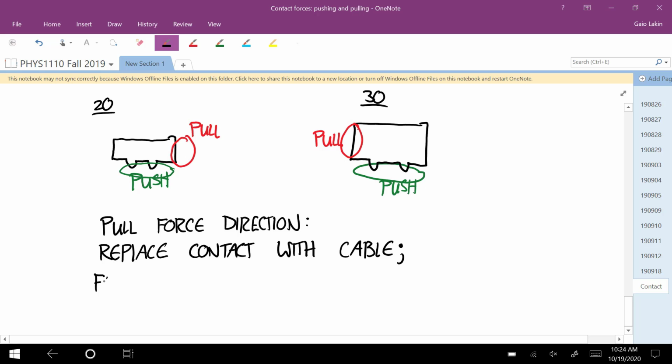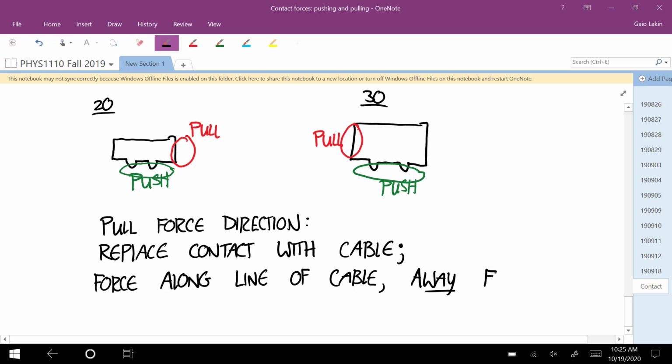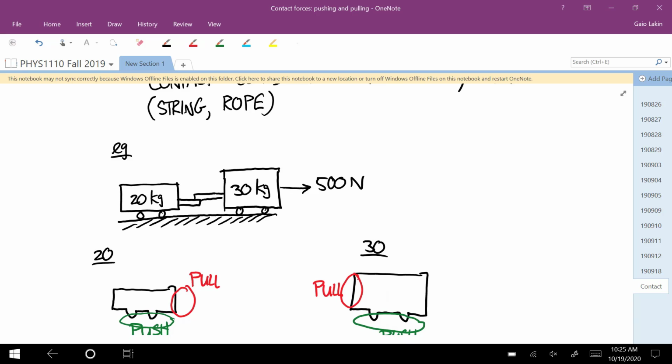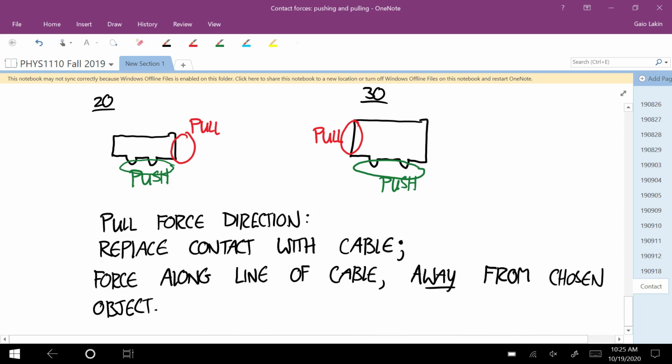Then the force is along the line of the cable. And this time it's away from the chosen body. Remember, the pushing force was towards. This pulling force is away from the chosen object. Okay, let's try applying that to this picture that I've drawn up here, these two carts that are connected by a coupler.